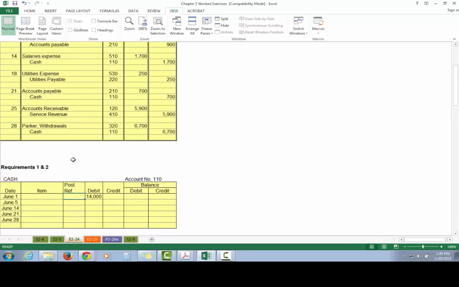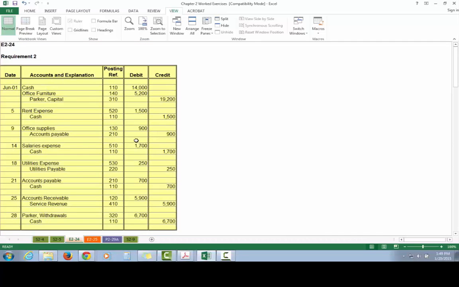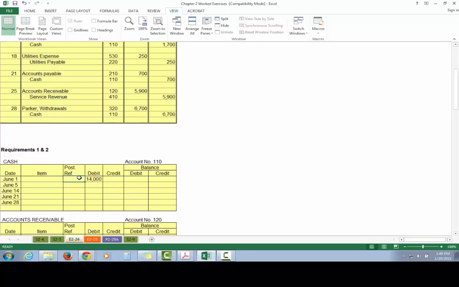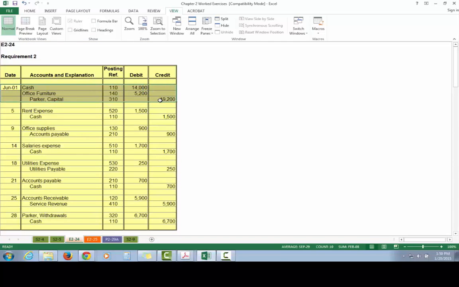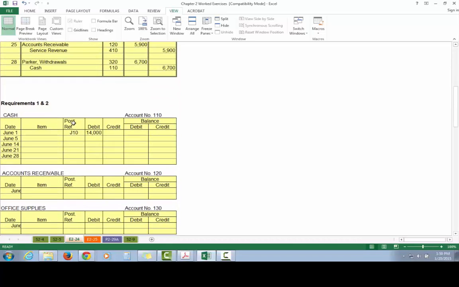However, in real life, some of these journal entries are not going to be posted all on the same one. Okay. So assuming this is one big journal entry for the month, if they weren't doing these by item, then we would just put journal entry 10. But if this was an individual journal entry, say it would be journal entry 1, these two might be on a separate journal entry. At the same time, this would be journal entry 2, and so on. Okay. But let's say this is all one big journal entry for the month's activity. So it's going to be journal entry 10.